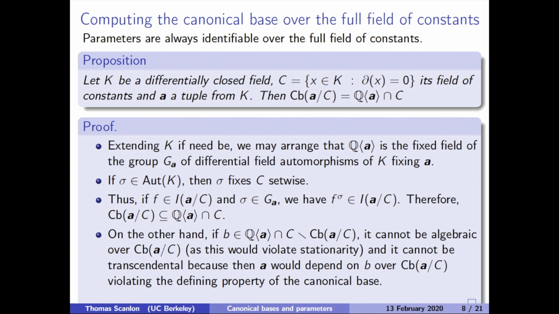Maybe I won't go through that direction. But you can just check that if you had something which was in this field but not in the canonical base, then something will go horribly wrong. Okay? So it either violates stationarity or it violates the properties of independence the canonical base has. Okay. So if you're working over the full field of constants, you can compute the canonical base from one realization.